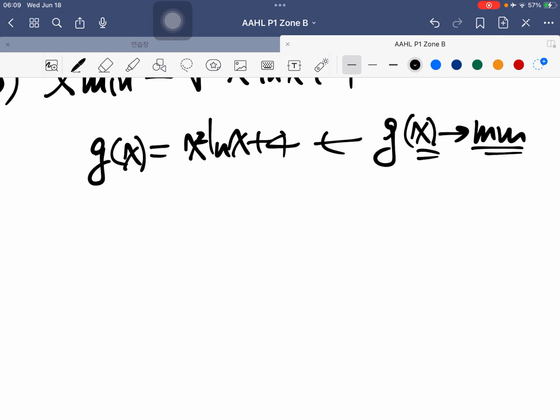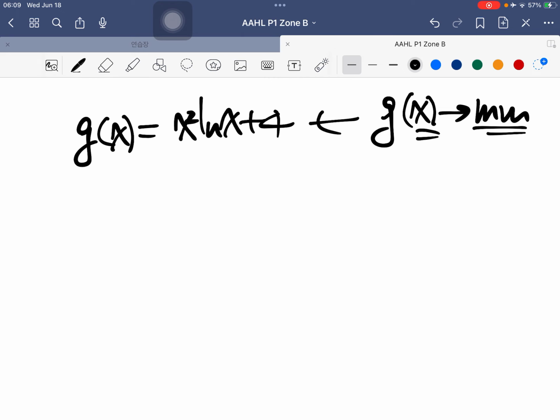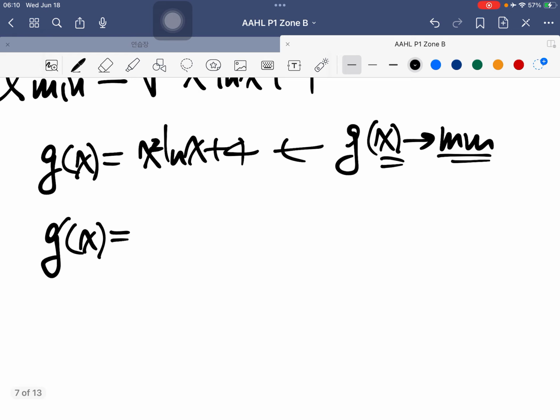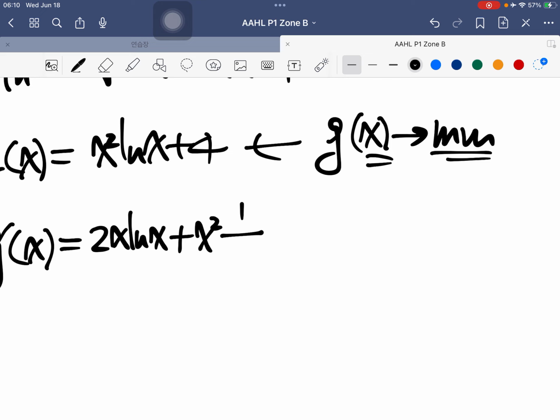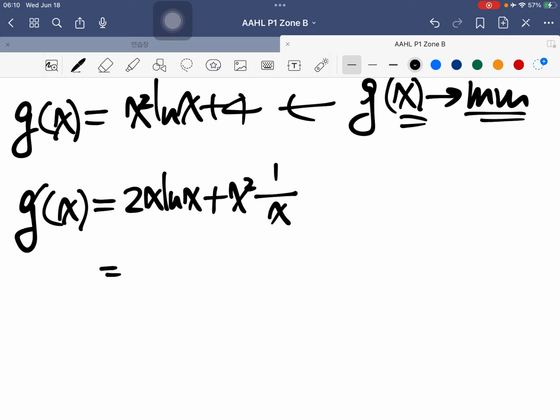How do we find this? We can differentiate both sides. So we get g prime of x. We have to apply the product rule. Differentiate the first one, 2x, times the second one, plus leave the first part, x squared, times the derivative of ln x, which is 1 over x. Differentiating 4, you get 0. So we get here 2x ln x plus x.